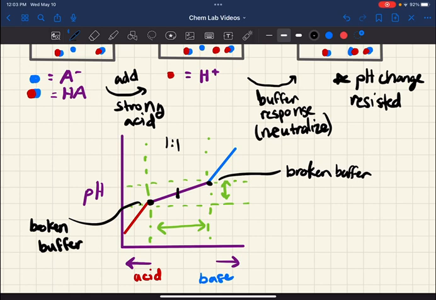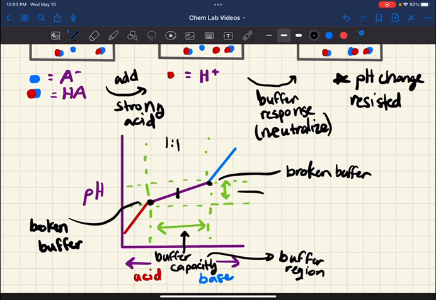So the distance between the 2 points where our buffer breaks, we will call our buffer capacity. That's represented here by the green arrow from side to side. There is a numerical way that we can represent buffer capacity, but we're not going to get into that right now. It's also that region of the graph we will call the buffer region.